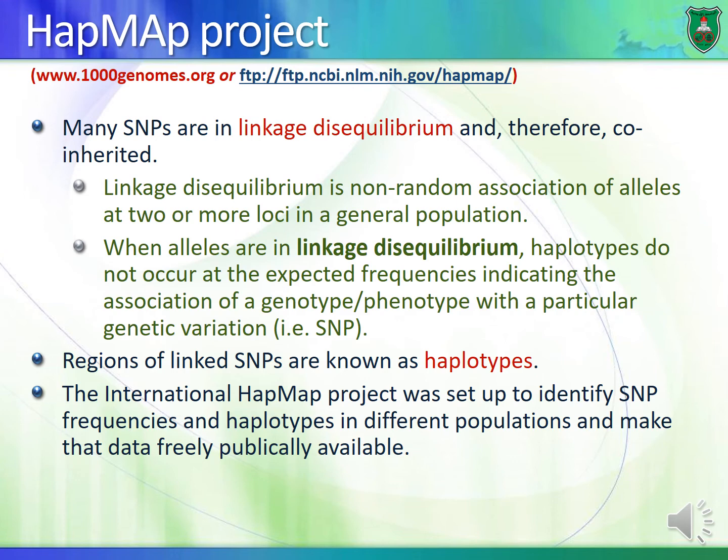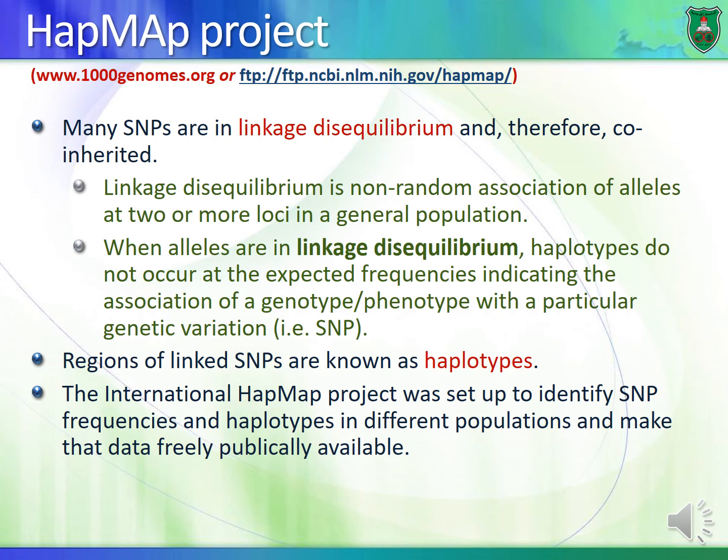So when alleles are in linkage disequilibrium, it defies the Hardy-Weinberg equilibrium that we talked about in the previous lecture. When alleles are in linkage disequilibrium, we say haplotypes do not occur at the expected frequencies, indicating that their association is not random, indicating their association to a certain genotype or phenotype, and so on.